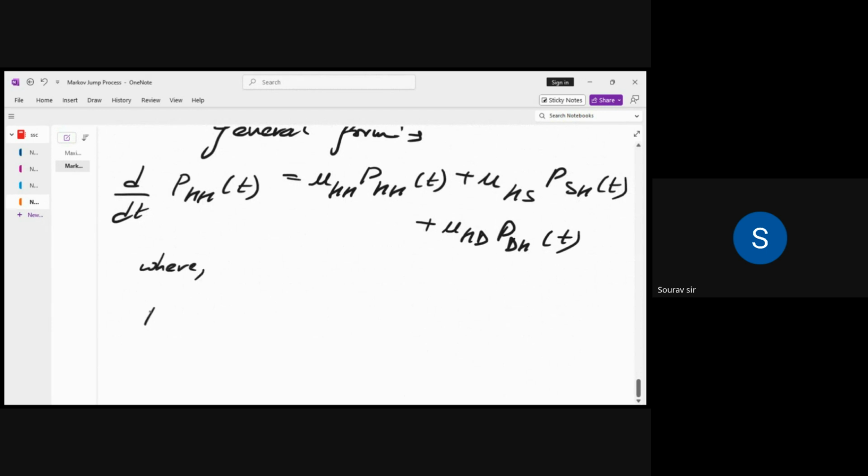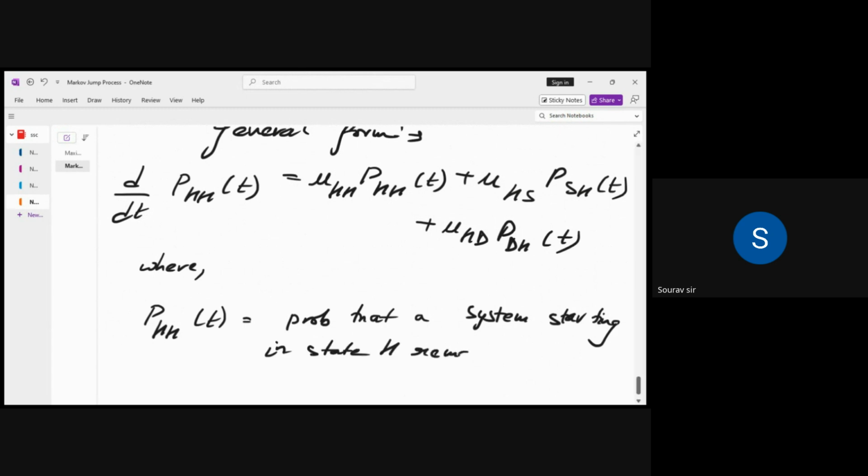Where P_HH represents the probability that a system starting in state H remains in state H after time t.